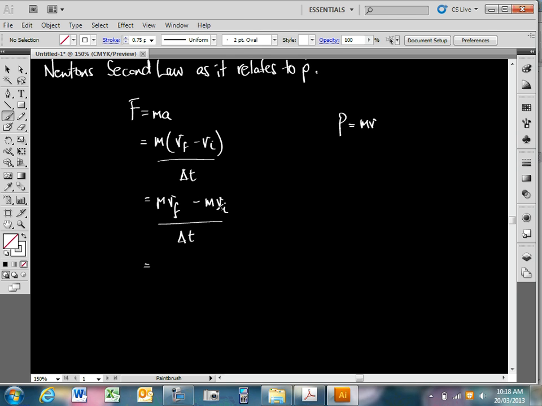And from this, p f minus p i over delta t, which is change in momentum over change in time. So that says the force as it relates to the momentum per unit time.